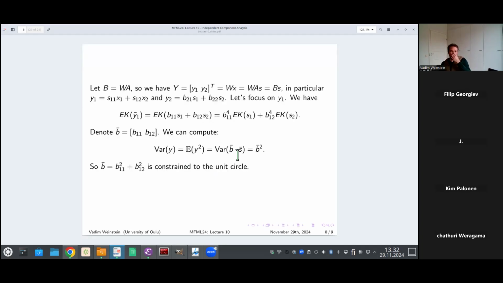And S, so I said we normalize X, but then we also assume that these matrices are normalized. So we actually assume that our signals are normalized.